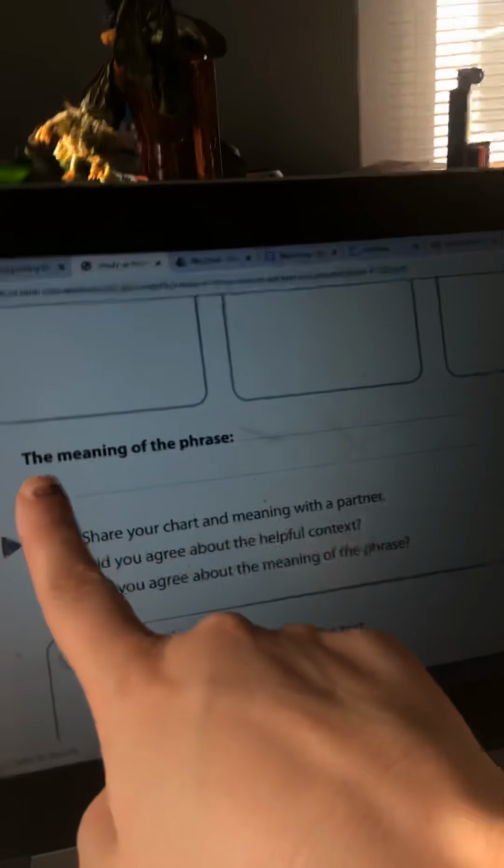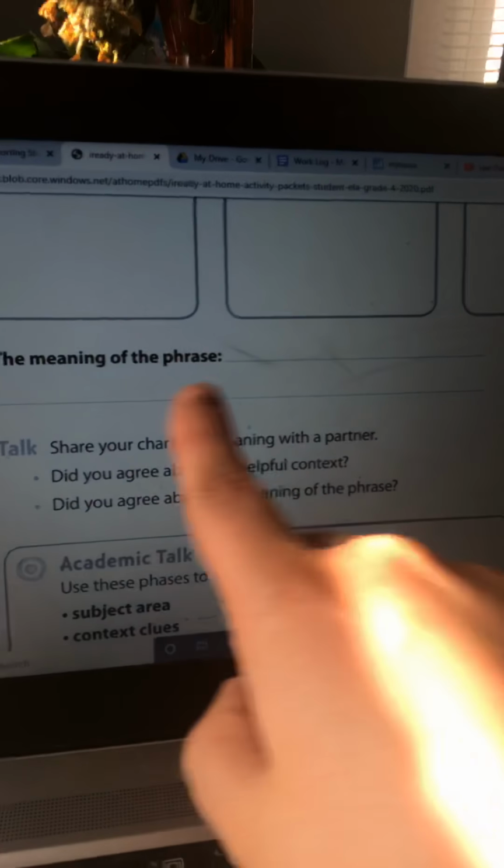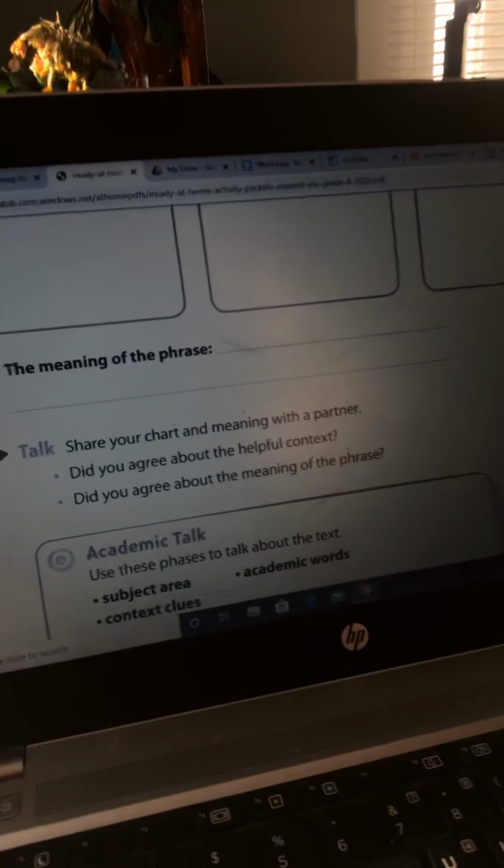Now, under the chart, it says the meaning of the phrase. So we need to put what? The meaning of the phrase. What phrase? Oh yeah, conceived of. So what does conceived of mean? We need to put a sentence. How do we, now it's too bright. I don't know what to do.